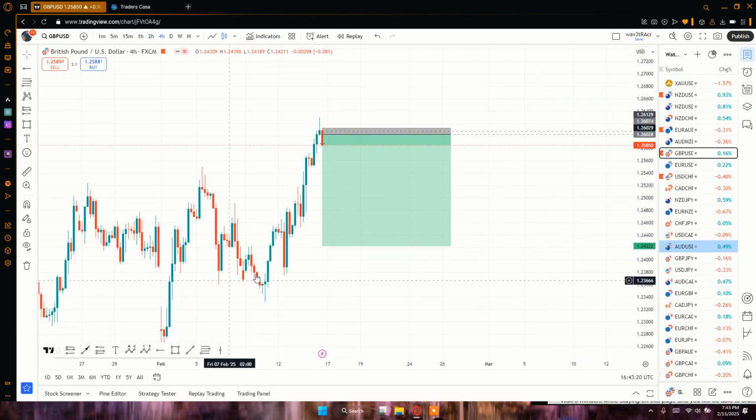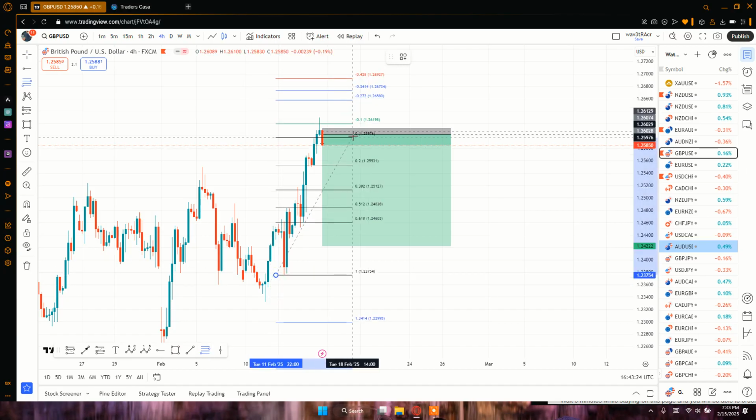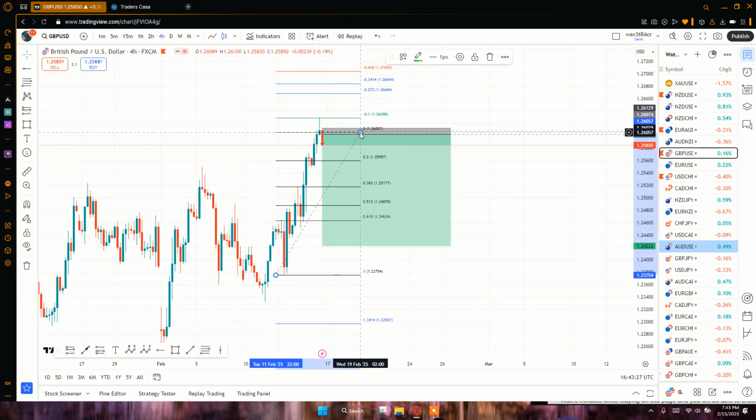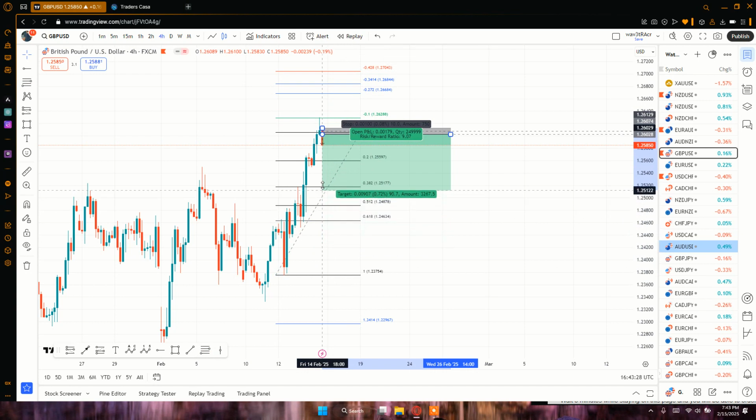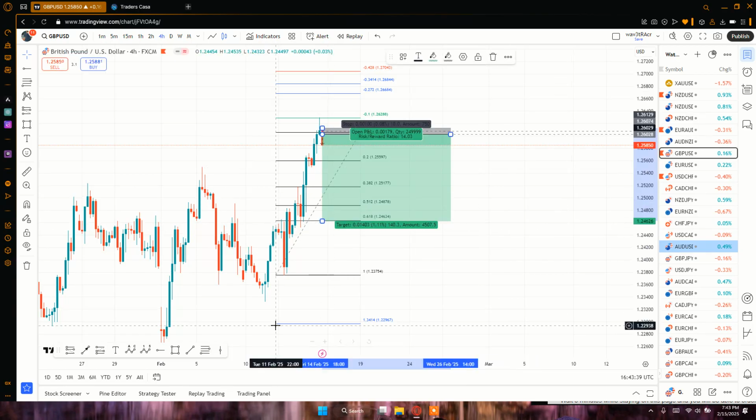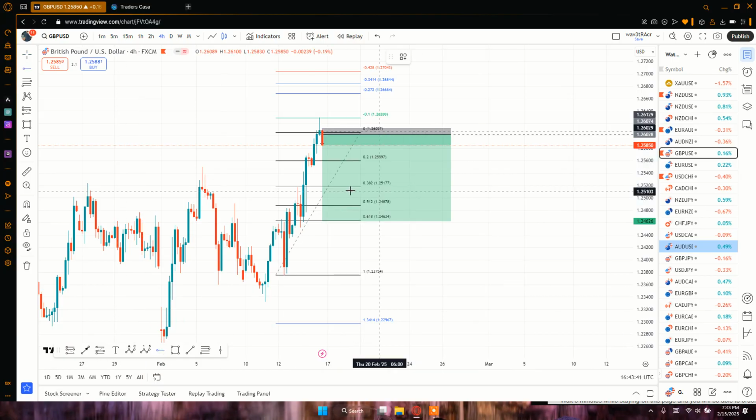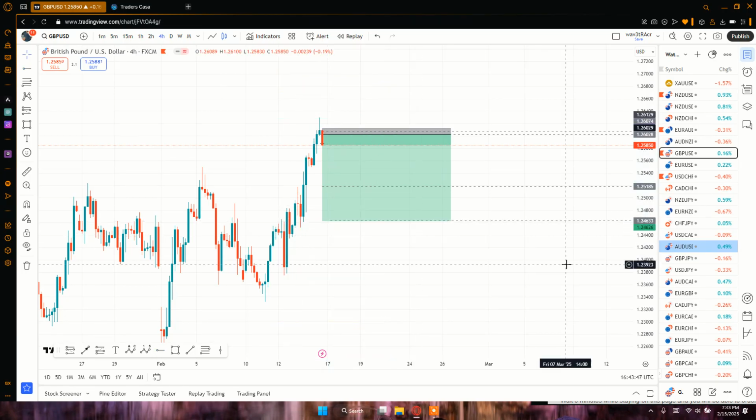We can just use the wave formations around here to determine our take profit levels, which, as we know, we have our first take profit at 0.8. We have our second profit at 0.61, which is 61%. So we have two take profits. I might label this as a first take profit and this as our second take profit.